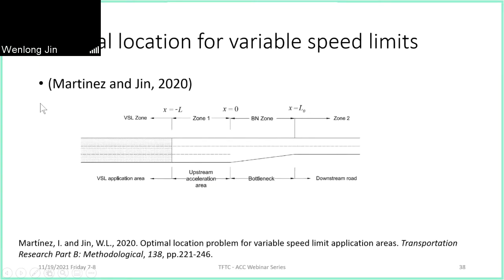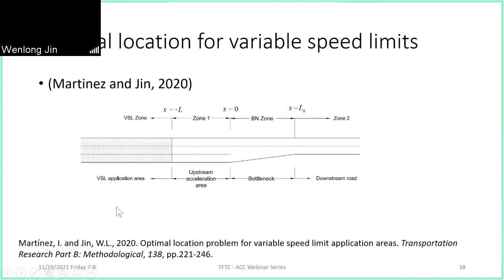And then Irene further applied this model of capacity drop to analyze the optimal location problem for variable speed limits. Such a problem was only studied empirically and through numerical simulation once, I believe. Irene identified the problem and formulated it using the boundary acceleration principle, using the concept of stationary states, and so on.